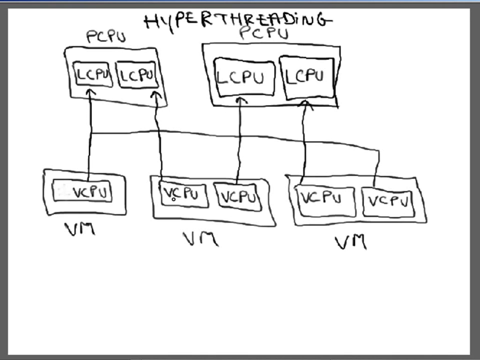So if you have two virtual machines, each with one CPU, and those two virtual machines are scheduled on CPU 0, for example, and CPU 0 has two logical CPUs. If one of those virtual machines, or both of those virtual machines are CPU intensive, what the VM kernel will do is move one of the VM's vCPU and schedule it on another logical CPU that resides on physical CPU 1, for example.